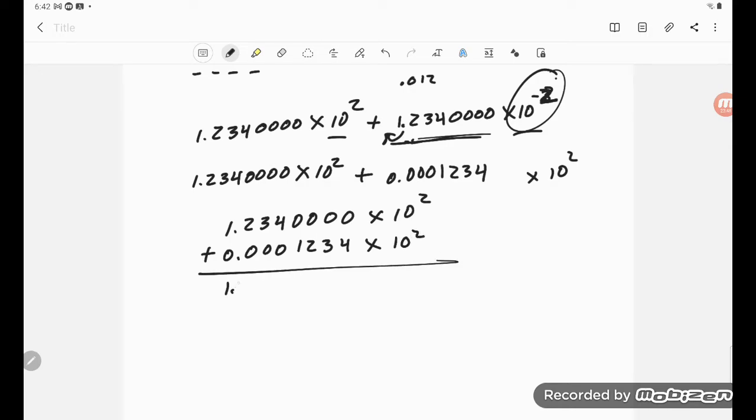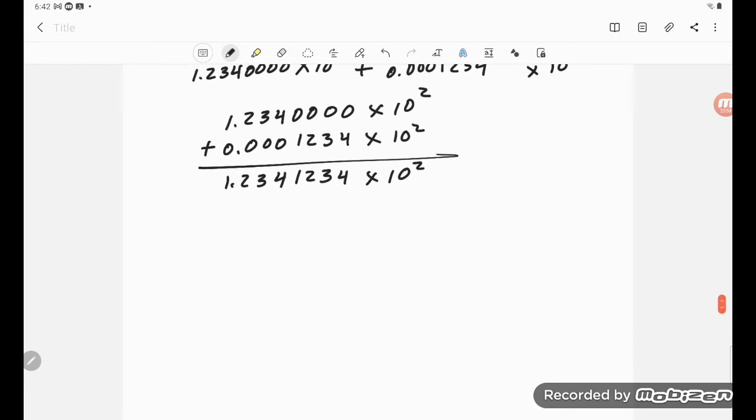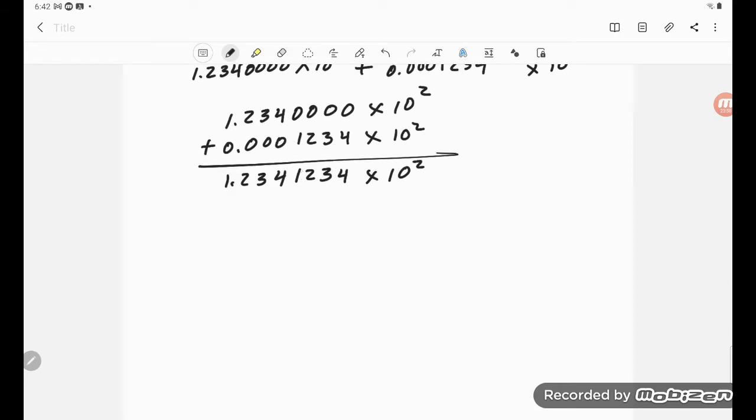We add that and we get 1.2341234 times 10 to the 2. Okay, but now the accumulator takes this part, really it's just that digit, and rounds, and so the answer becomes 1.234 times 10 to the 2.